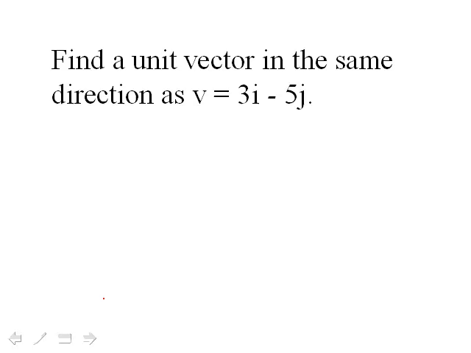So let's try one. A unit vector in the same direction as v equals 3i minus 5j.